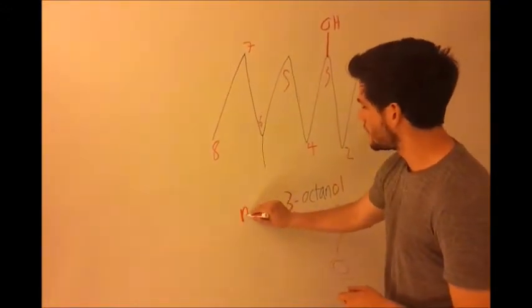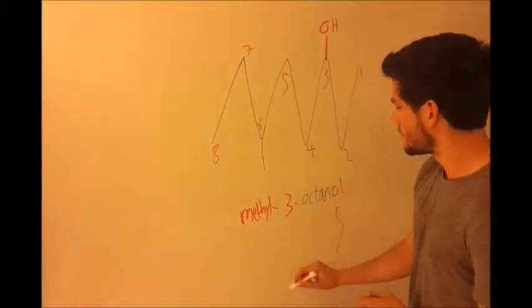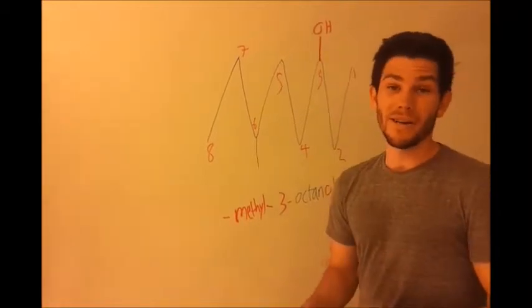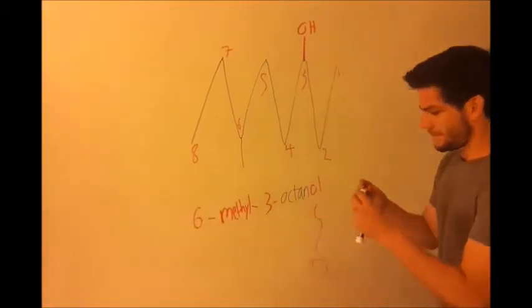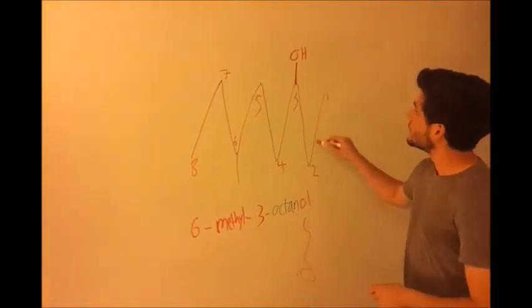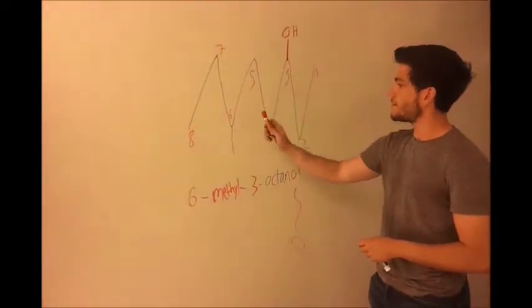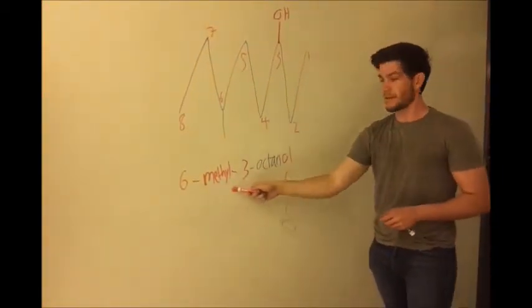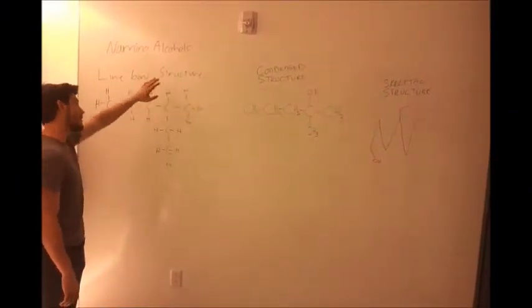Don't forget your dashes in between the numbers and the words when naming alcohols with substituents, just as when naming alcohols, period. So this is 1, 2, 3-octanol, 4, 5, 6 methyl: 6-methyl-3-octanol.